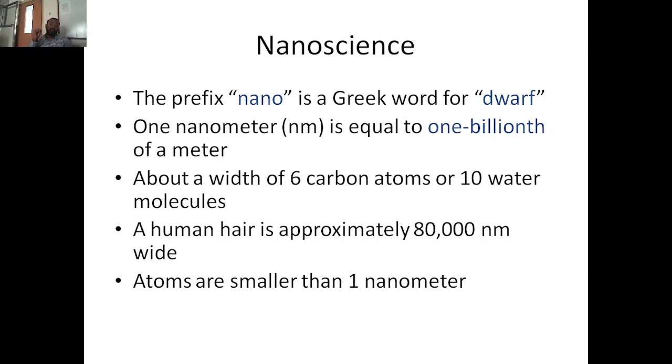Imagine we are talking about the atomic level, and when you are talking about the atomic level, it is not a joke, because we know that the first atomic bomb, which was designed, was also from the atom.